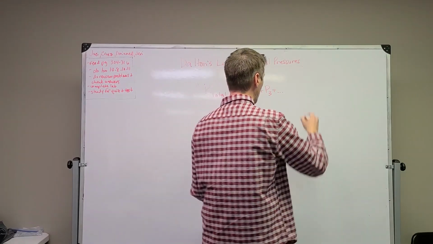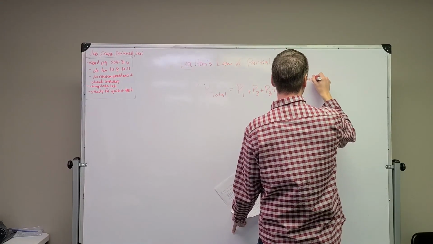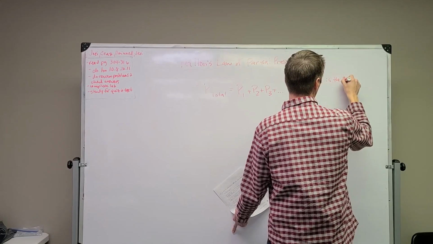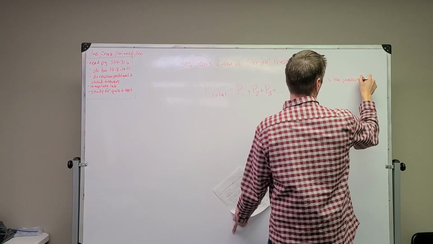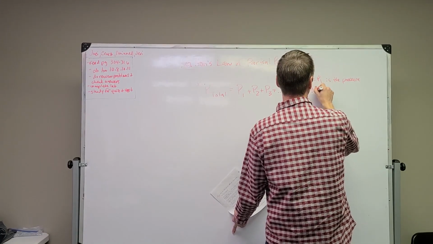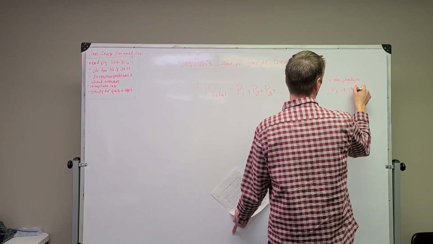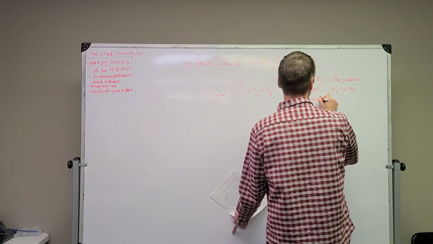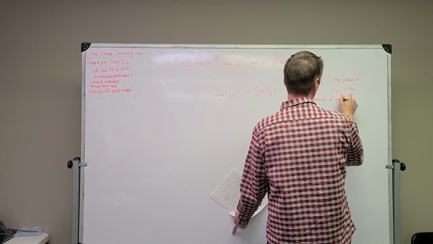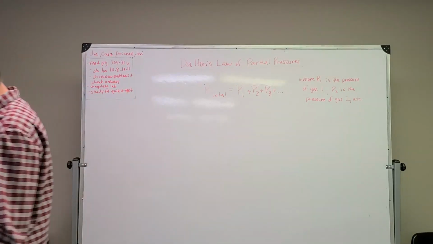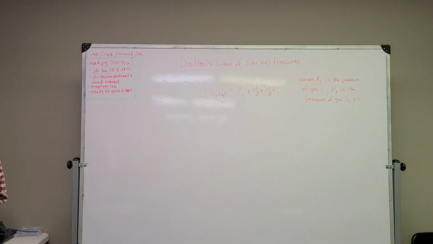So in this equation, P1 is the pressure of gas 1, P2 is the pressure of gas 2, etc. So you can take the individual pressures of all the gases and add those together to figure out the total pressure of the entire mixture.